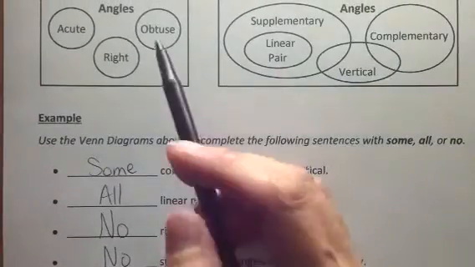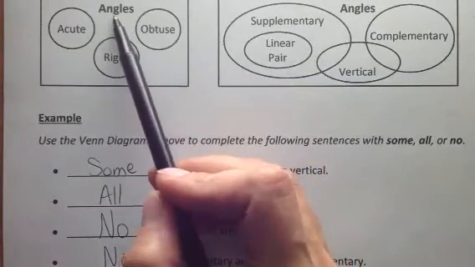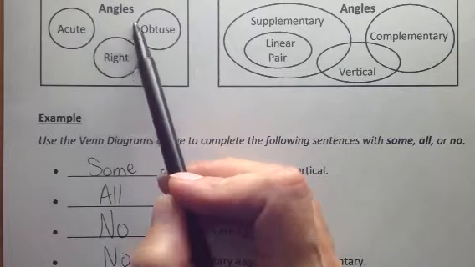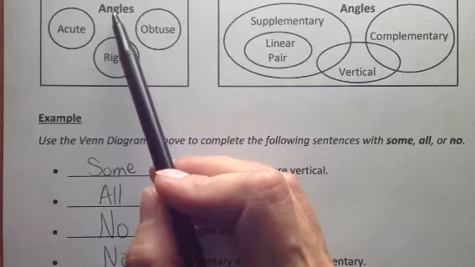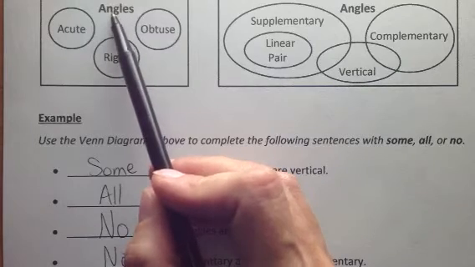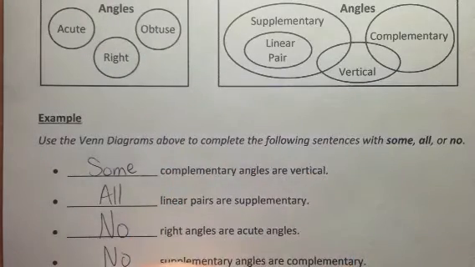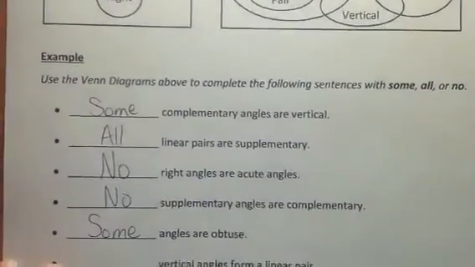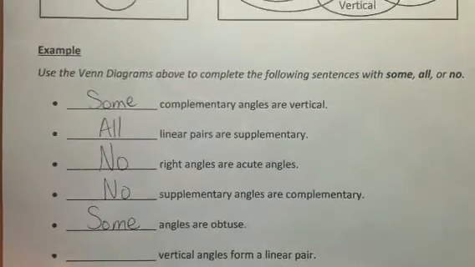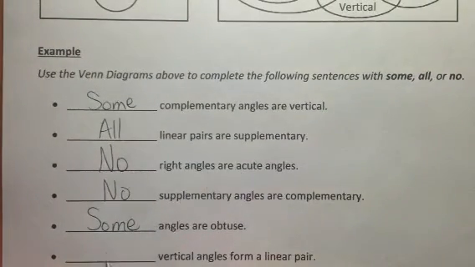Looking at this one over here, if I'm talking about the one on the outside, but I'm referring to this one, I'm saying some. Some angles are obtuse. And then the last one, we might not be able to see the Venn diagram.